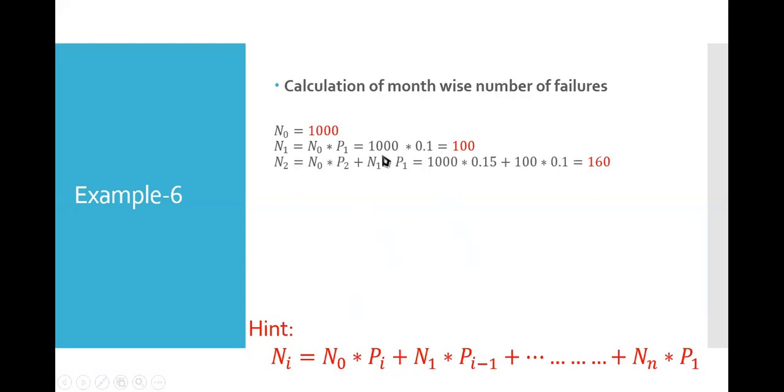Likewise, find out N3, N4 and N5 and put that in the chat box.